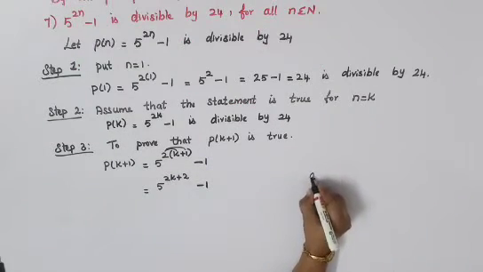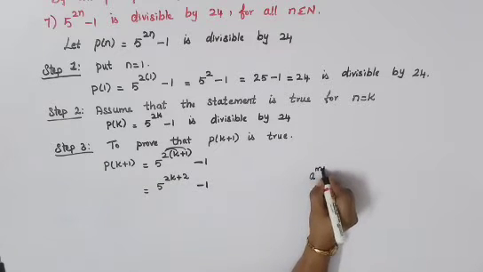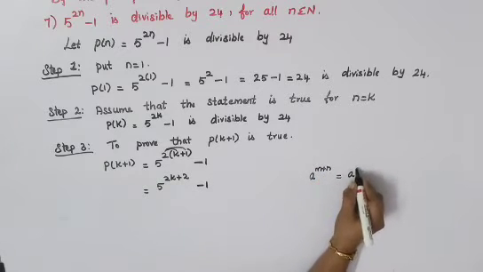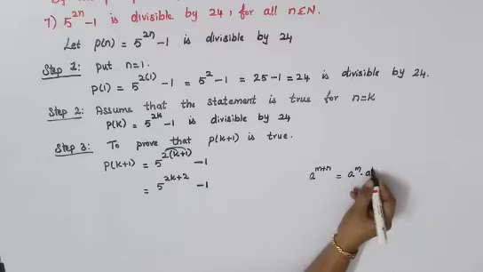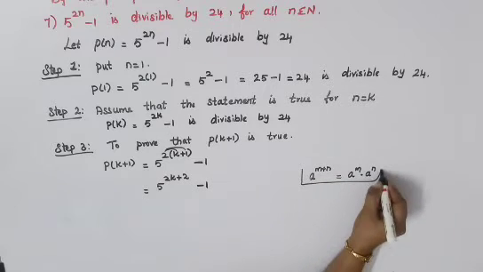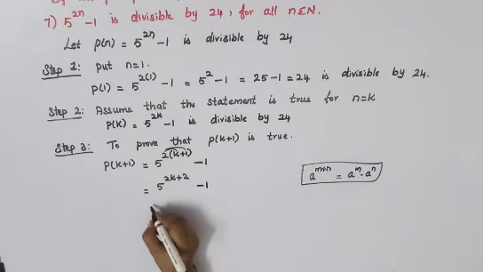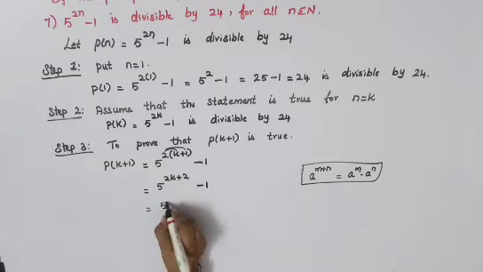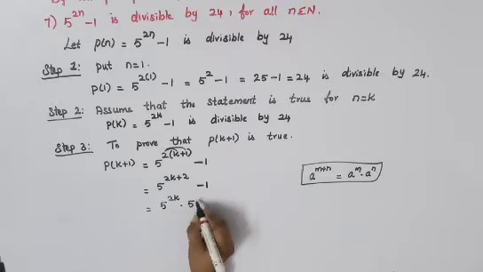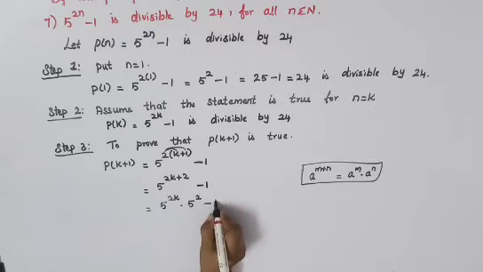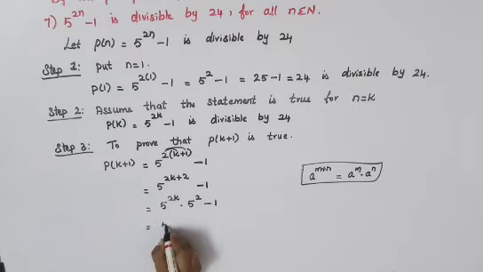Formula is a power m plus n is equal to a power m into a power n. So you can use this formula. So which is equal to 5 power here 2k into 5 power 2 minus 1. So which is equal to, keep this 5 power 2k as it is.